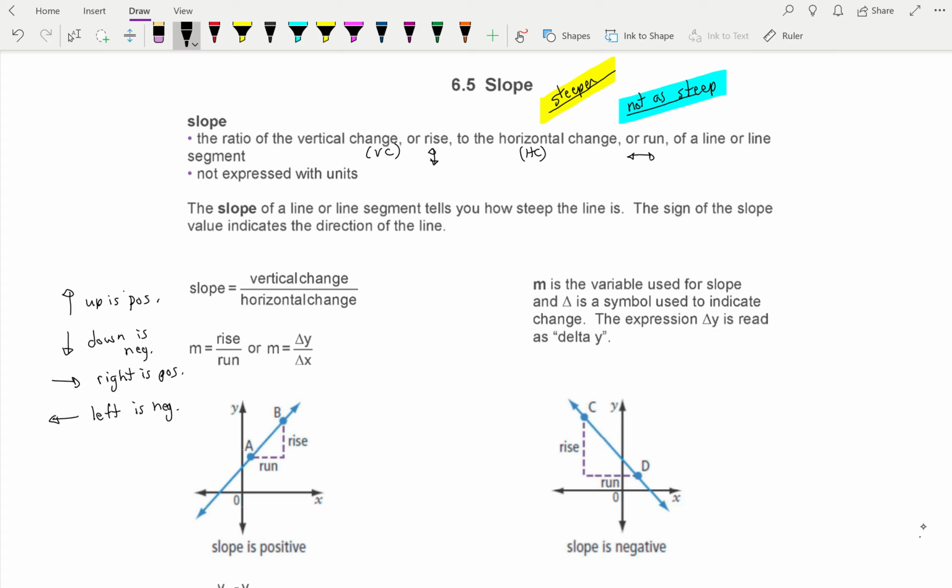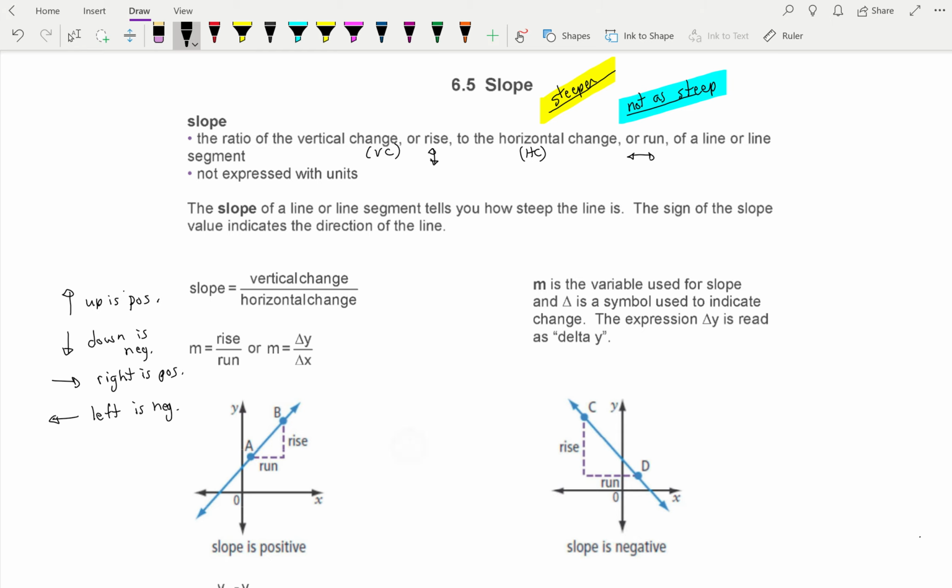You never express slope with units, it's just a number, so you never put anything like meters or kilometers or centimeters after it. The slope of a line segment tells you how steep the line is. Okay, and the sign of the slope value indicates the direction of the line, and that's what we're going to spend some time looking at in a few minutes here.